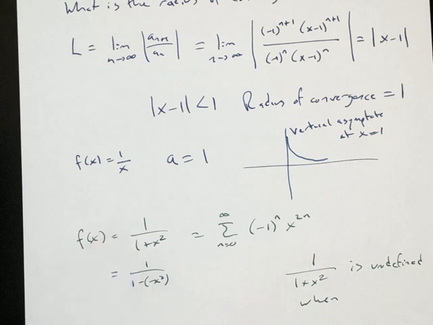It's never undefined for real numbers, but it is undefined for complex numbers. Okay, I know you've seen complex numbers before. Has anybody ever showed you how to graph them?